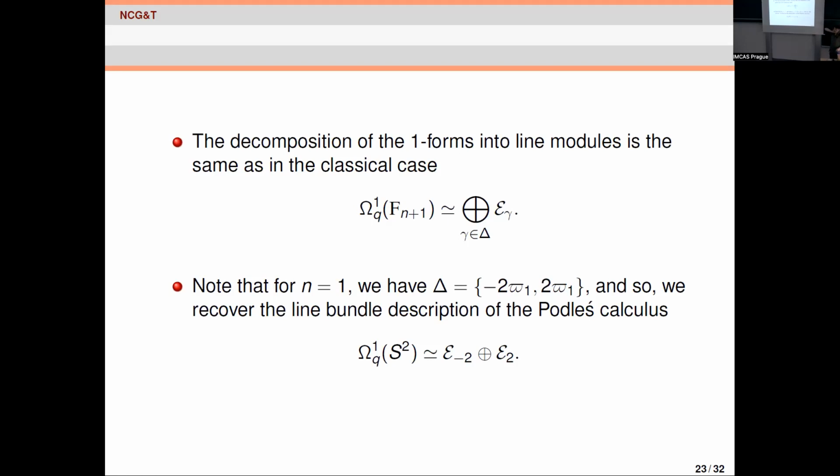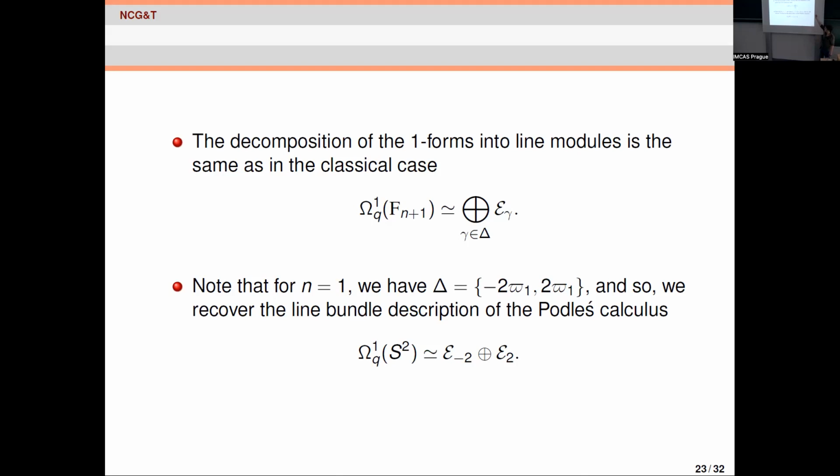Before we do that, as I said, any one of these homogeneous vector bundles over the space will be a direct sum of line bundles. Actually, the line bundles in this case are going to be indexed by elements of the root lattice. This is this sublattice inside the weight lattice. Exactly as it would be classically, and just like you have for Podleś, something that doesn't happen for CP^N or for the irreducible flags.